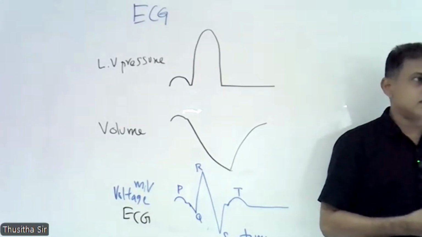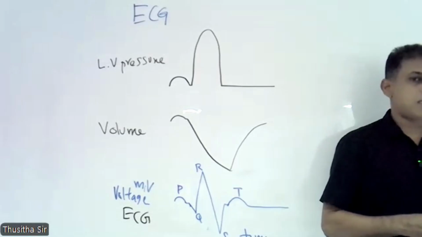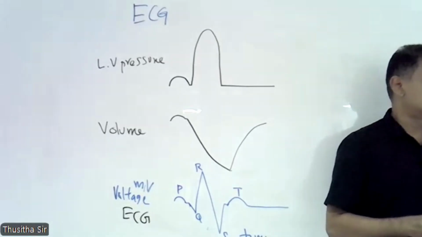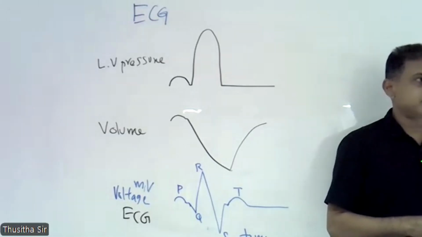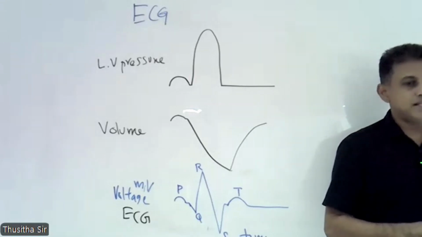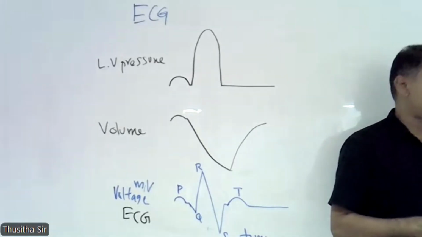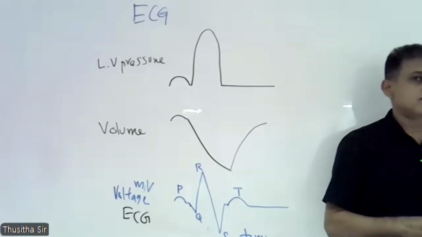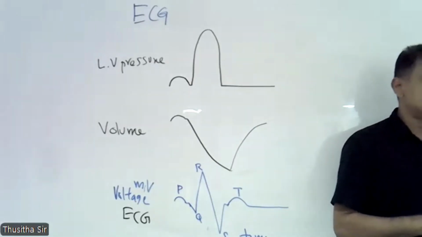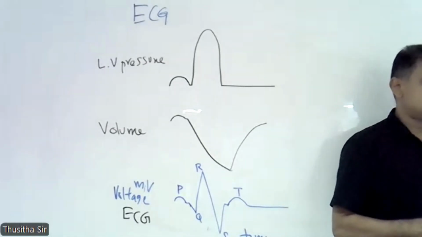This can be detected externally by placing electrodes at different places of the chest.